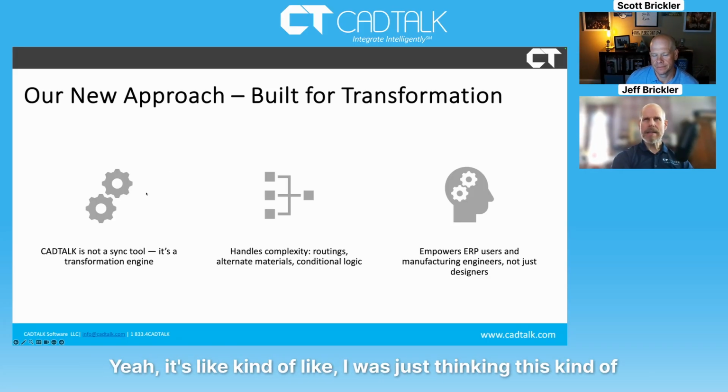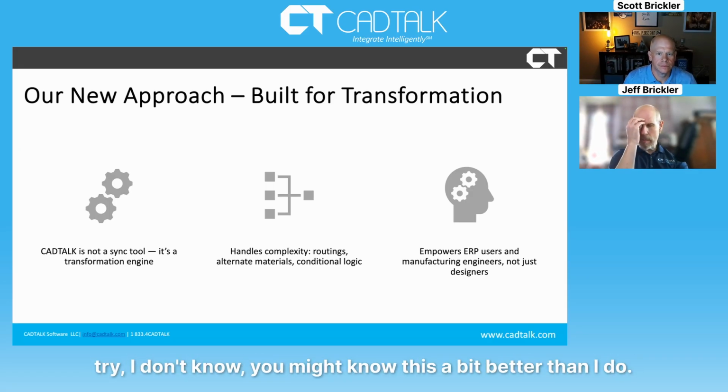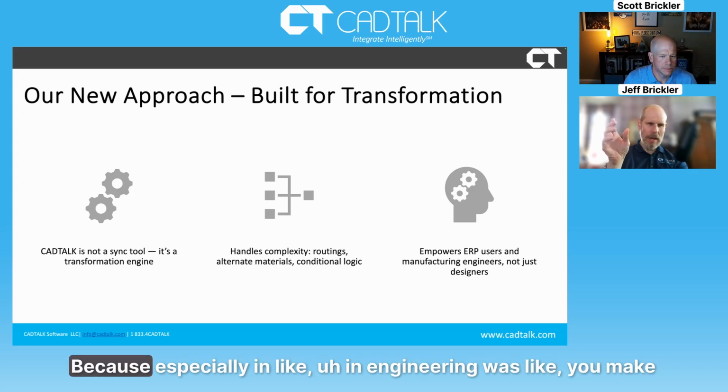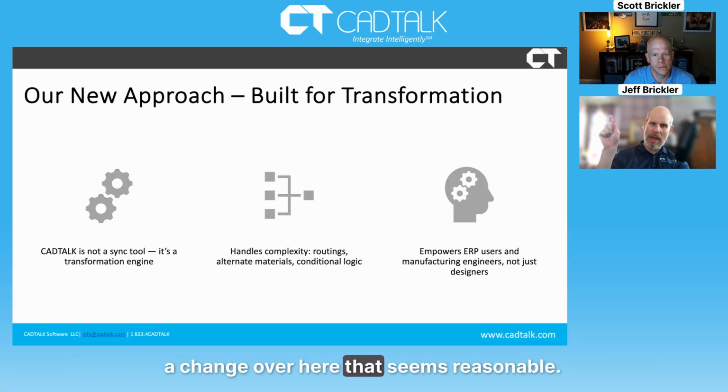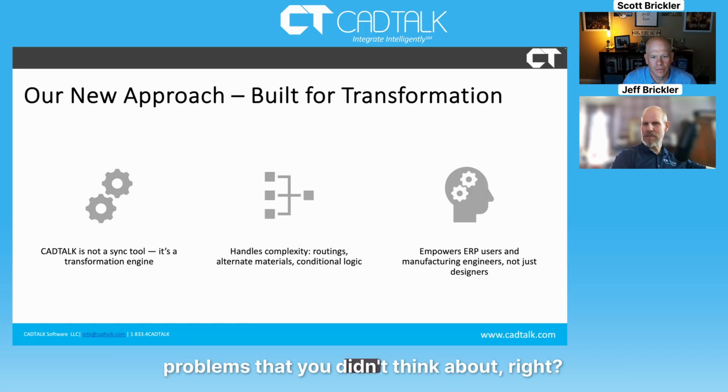Yeah, it's kind of related to knock-on effects. You might know this a bit better than I do, especially in engineering: you make a change over here that seems reasonable, but over here it's caused all these other problems that you didn't think about, right?